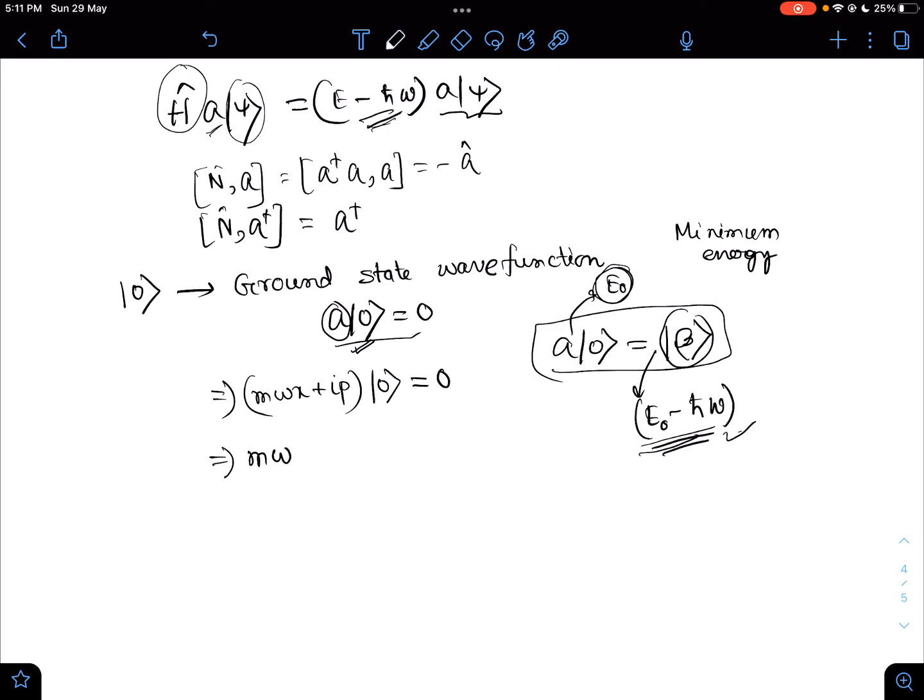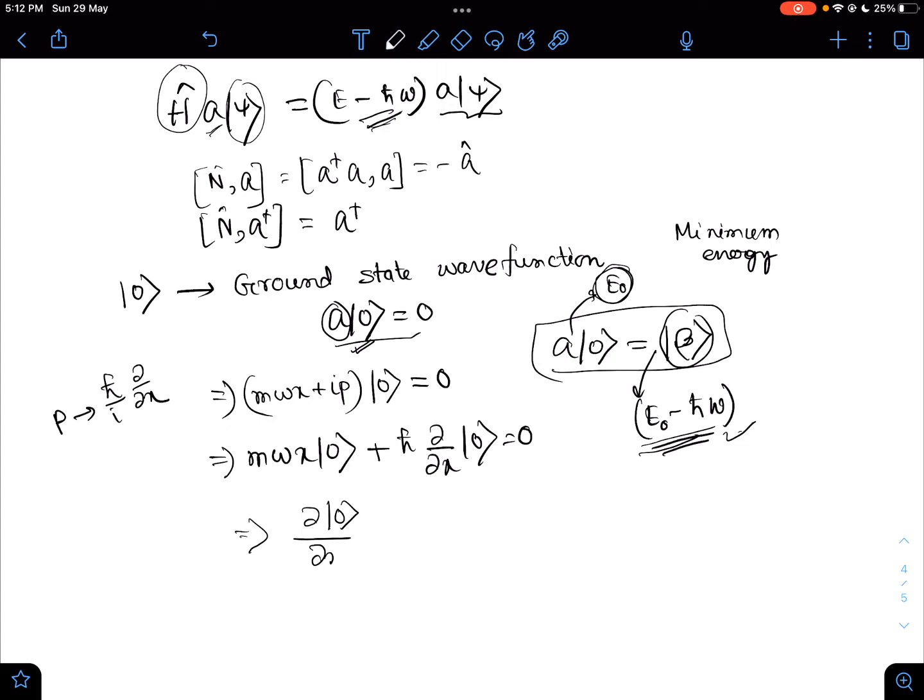In position basis we know that p can be represented as ħ by i del x. If we substitute this, we get ħ del x psi 0 minus mω x psi 0, and this should equal 0 for our ground state wave function.